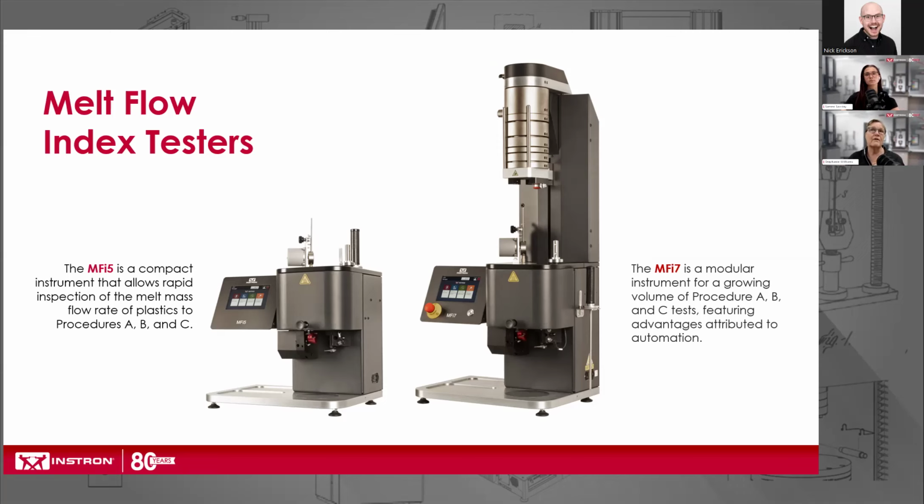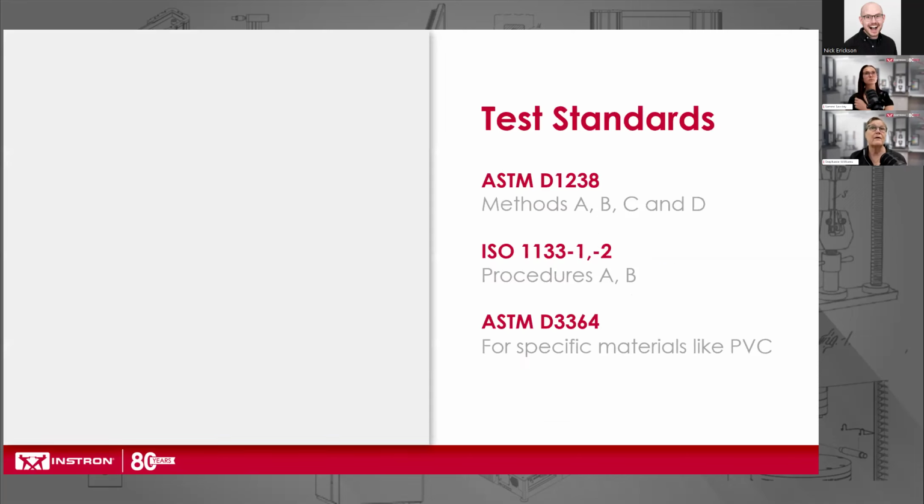You may have a mass selector, such as shown here, where you would have the stack of all the commonly used masses in melt flow testing. And you might also have a semi-automated or automated cleaning mechanism to help with the cleanup after the test, and that may be the best solution for your lab.